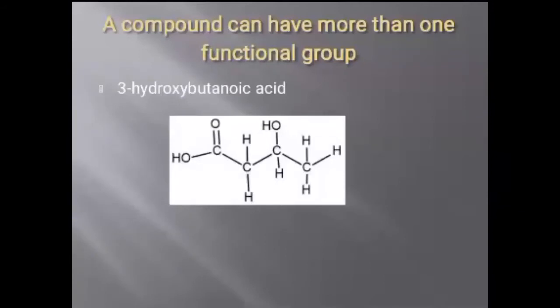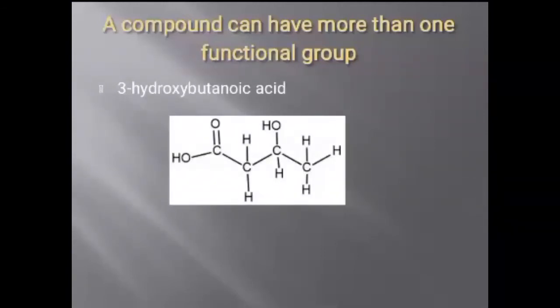They have the hydroxyl functional group, which is the alcohol, and they equally have the alkanoic acid, that is the carboxyl group. That is why in naming it, we have to identify that we have the hydroxyl and the carboxyl groups.